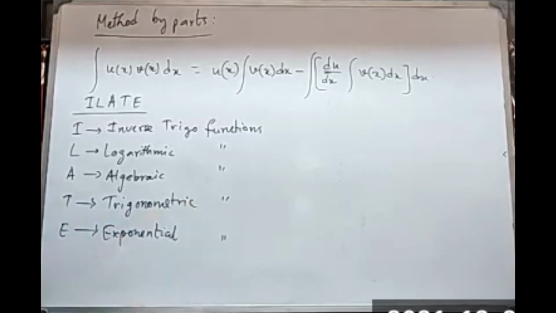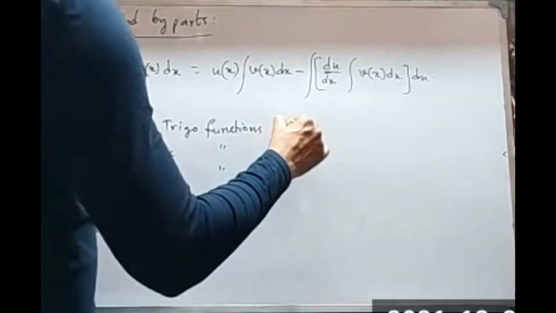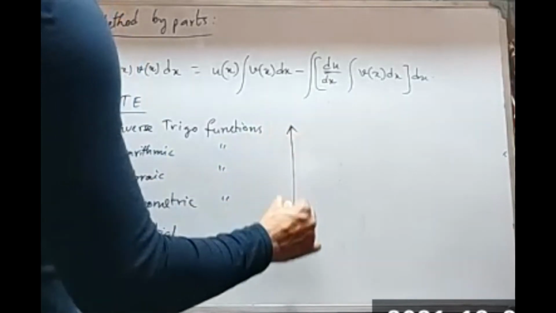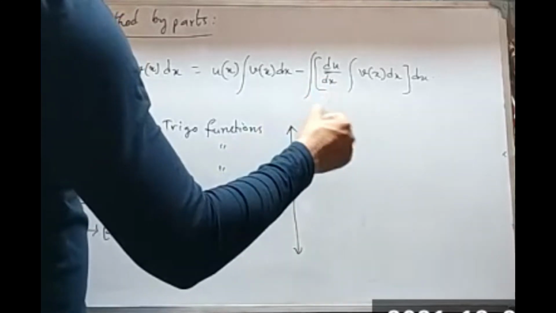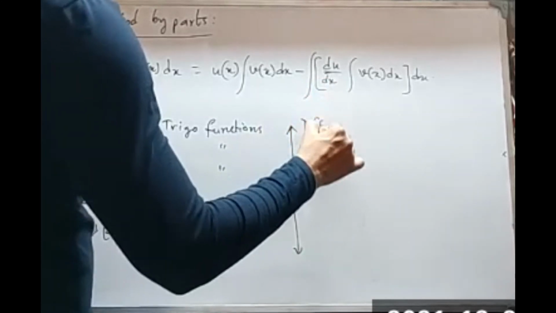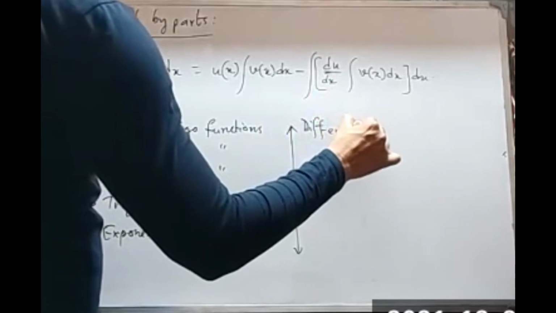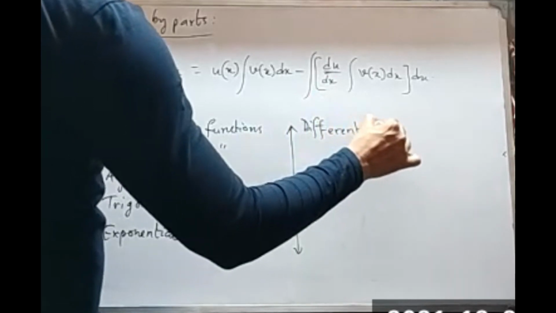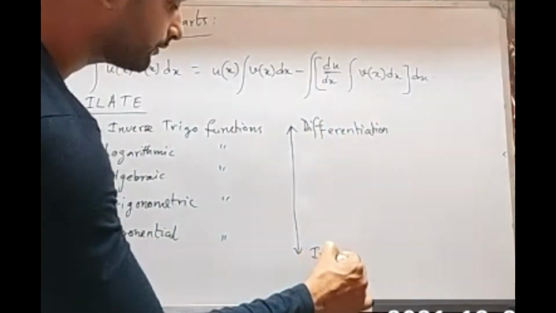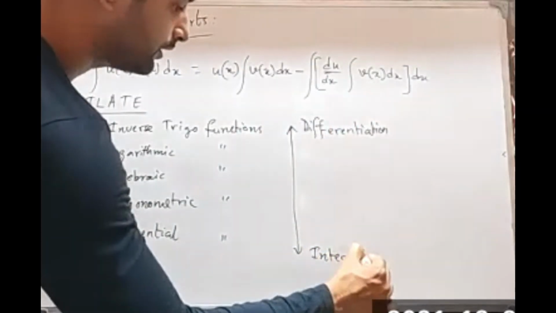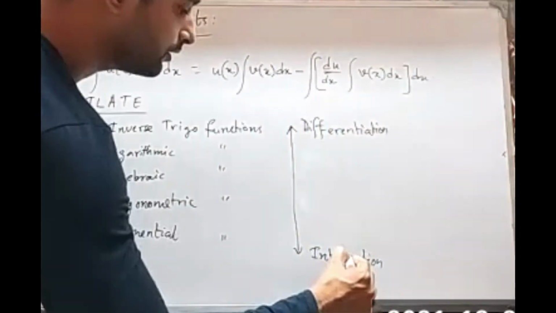And the choice to make is that the more you are going upward, you need to do differentiation. The more you are going downwards, you need to do integration. This should be the choice.